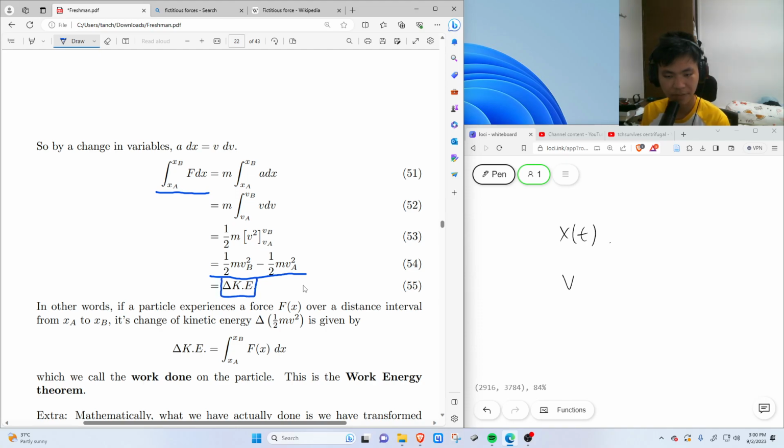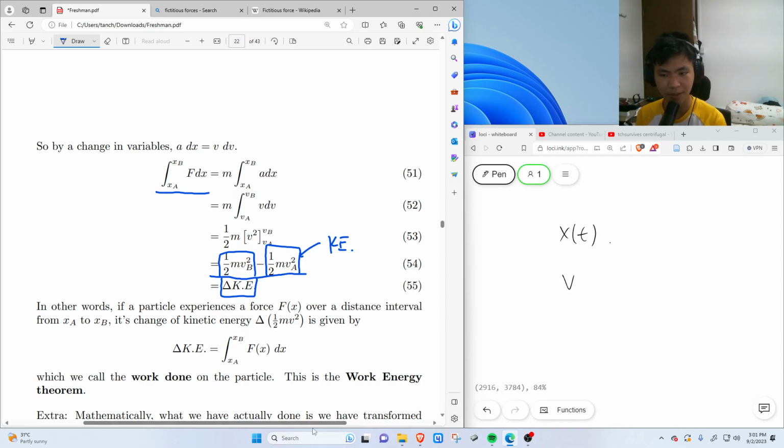This is, in some sense, one way to motivate the derivation for kinetic energy, by considering this integral and realizing that there's a quantity here that we are taking the difference of at these two endpoints. Because of that, it's useful to call this quantity kinetic energy. So that's just one way to motivate the definition of kinetic energy.